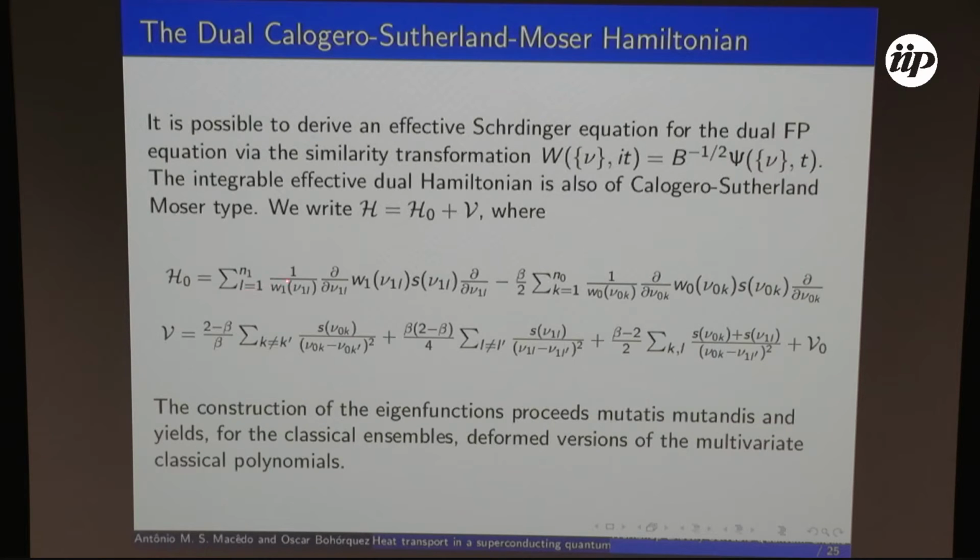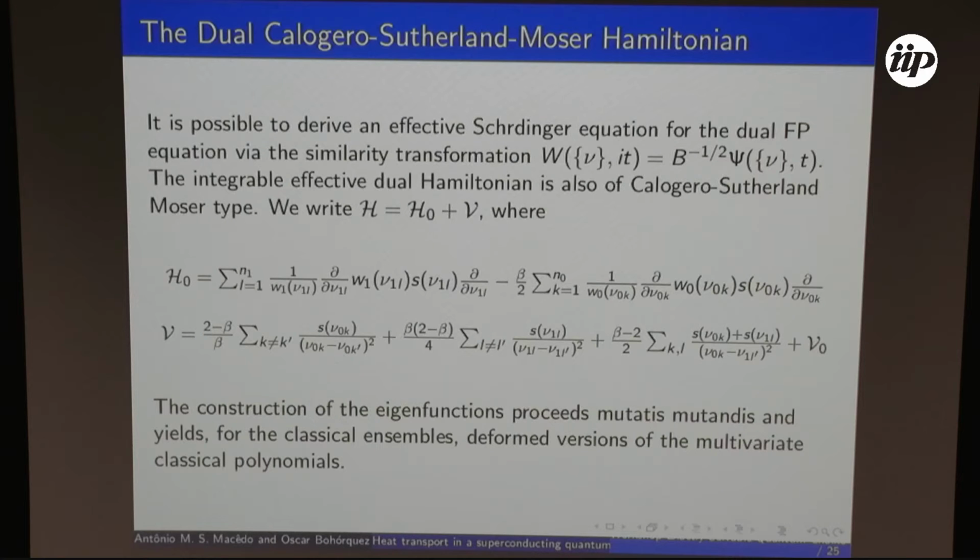So the simplest problem is if n1 is 1 and n0 is 1. You agree with this? And also beta equals 2. With beta equals 2, all the interacting terms disappear. This is a constant. So you get a free Hamiltonian. So just by looking at the Hamiltonian, you can directly see what's the simplest construction.